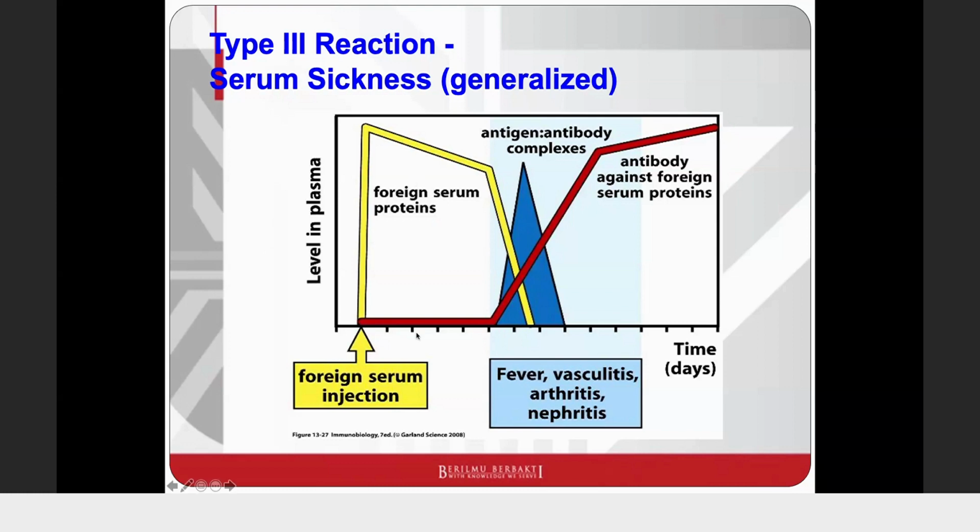Diphtheria, tetanus, we have stopped using antibodies directly. So we use vaccine antigen. So we have prevention against those using vaccine antigen. What about when, let's say you have a snake bite? What do people usually administer?